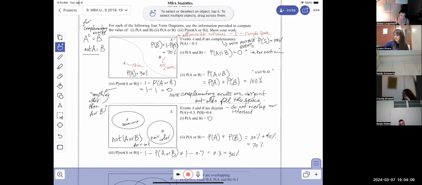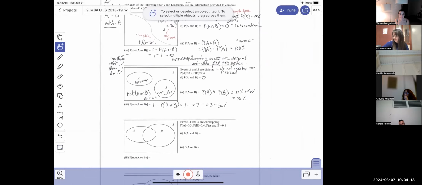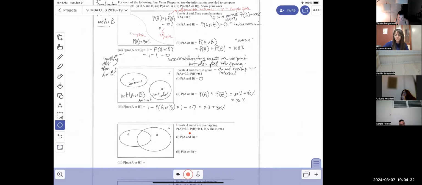Okay, let's move to overlapping events. Here's a depiction of 2 overlapping events. I'm also going to use the same numbers, but this image. Now we have some different possibilities.